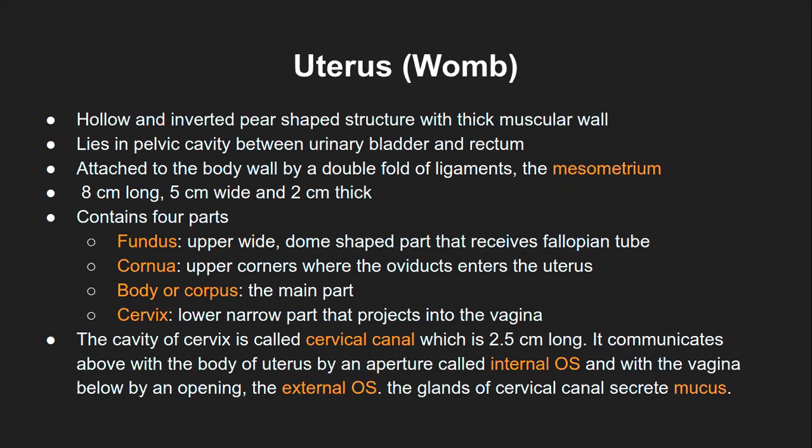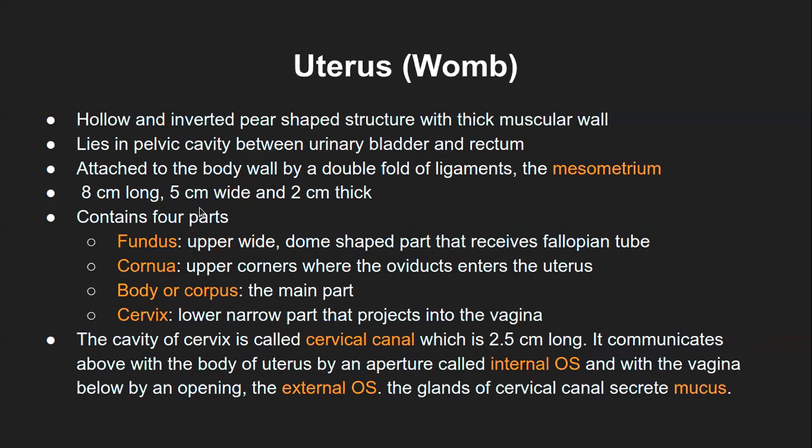And when it grows bigger during pregnancy, imagine the size. So it has to be that elastic, as well as that thick in terms of the muscular composition of the wall. 8 centimeter is hardly a palm length, so it's not that big otherwise. So that is the physical dimension.